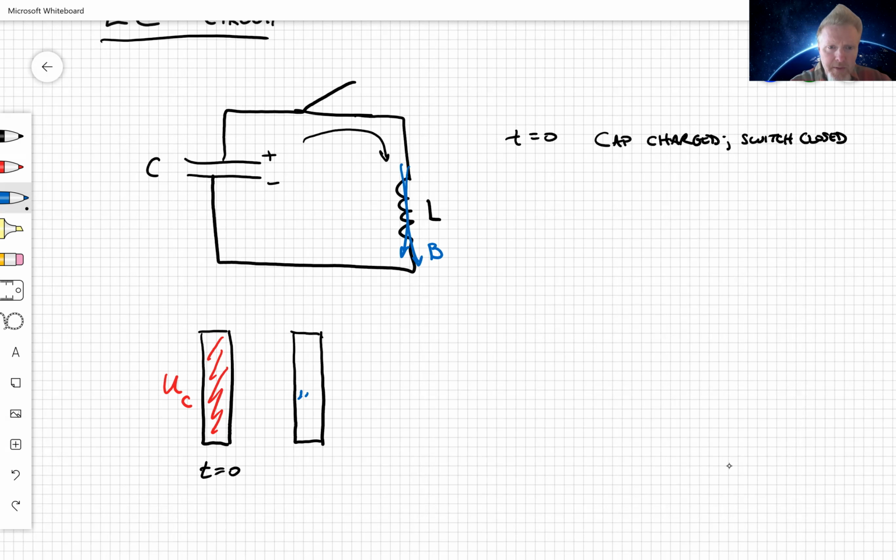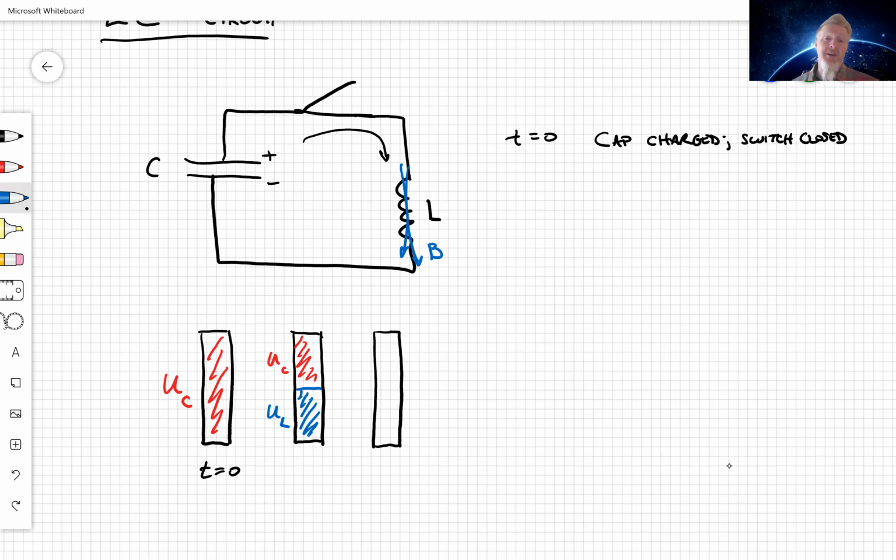So here I'm going to find that there's some energy stored in the inductor. The capacitor is not fully discharged yet, so there's some energy stored in the capacitor. As you keep going, eventually the capacitor is fully discharged and the voltage of the capacitor is 0.